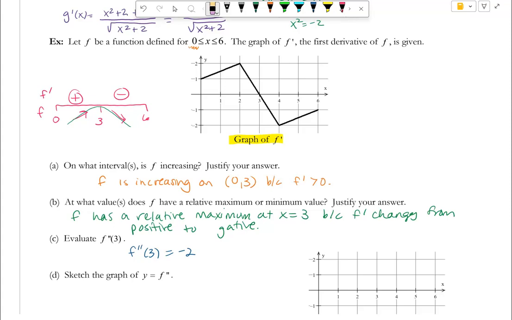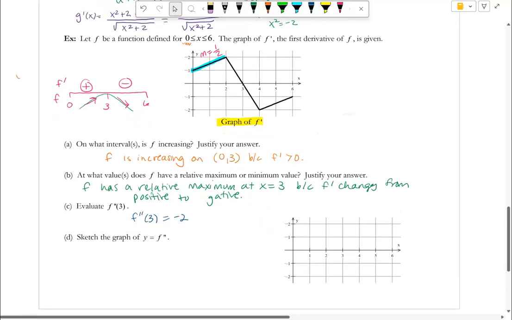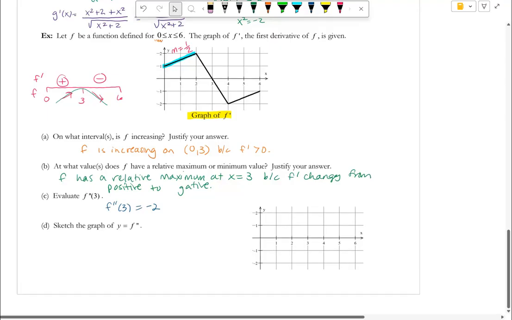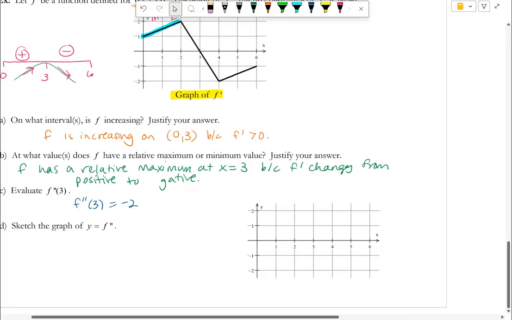So when I'm sketching the graph of my second derivative, I want to look at this piece by piece. And I could see that this first piece right here from x equals 0 to x equals 2 is linear. And the slope of that line segment is +1/2. So down here, when I go to graph my second derivative from 0 to 2, but not including x equals 0 or x equals 2, my second derivative is 1/2.